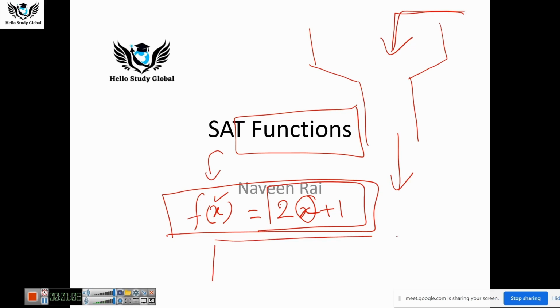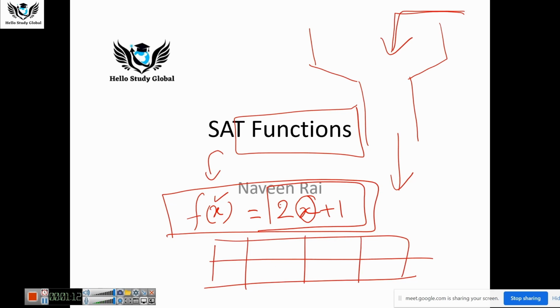So we can draw a table to see what values are input and what values are output. Let's make a chart for x and y, where y is equal to f(x). If we put x equal to 0, then what value of f(x) will we get? 2 into 0 plus 1, that is 1.